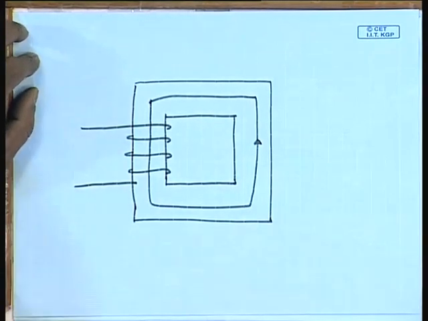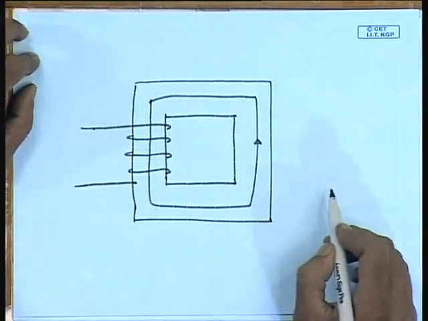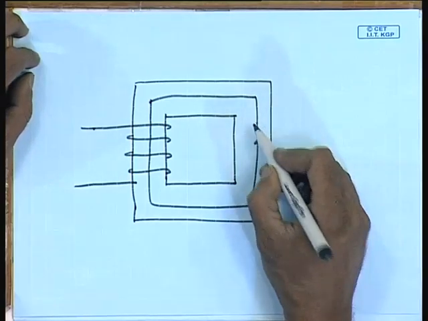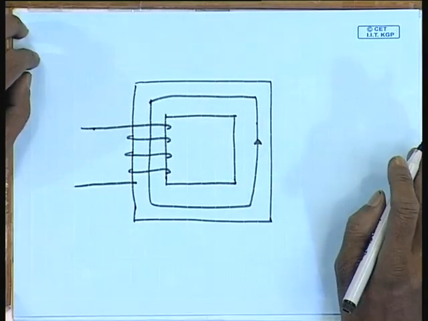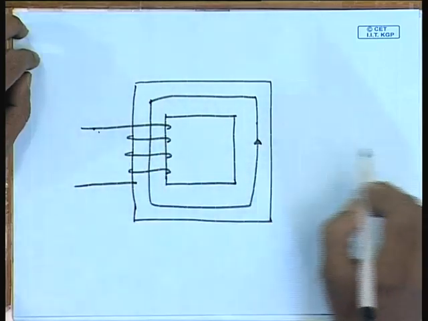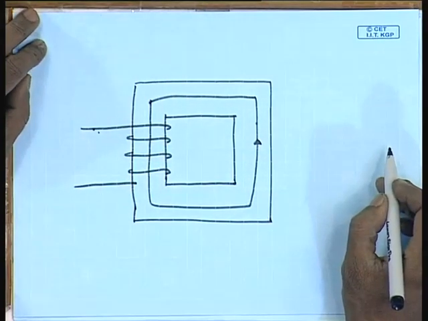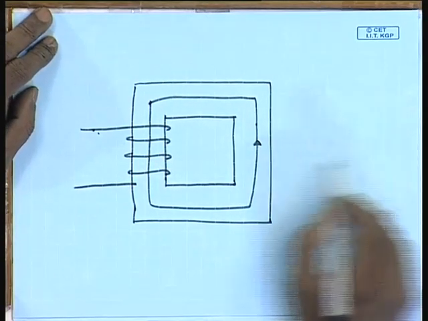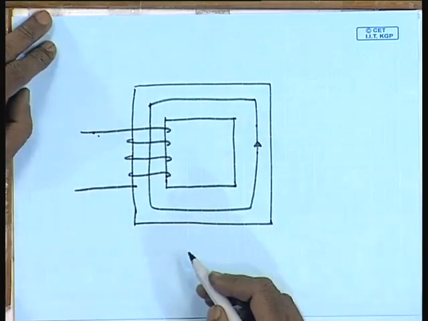If the current flowing into the coil is direct current, then this flux will be a direct flux. However, if the core is excited with alternating current, then the flux will also be alternating.